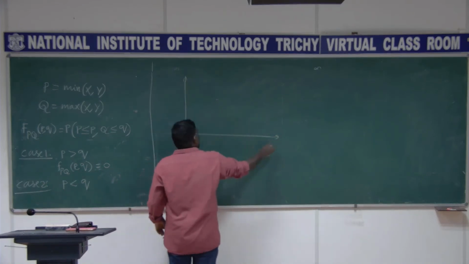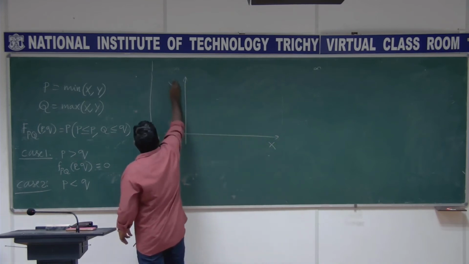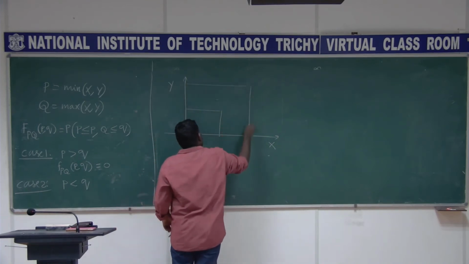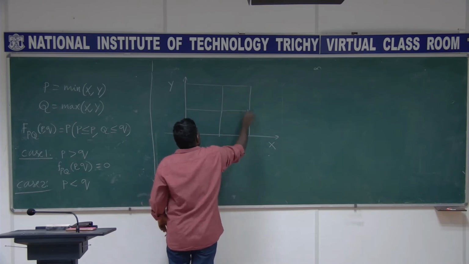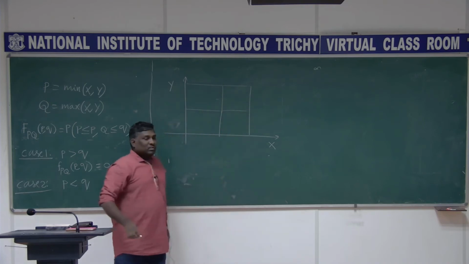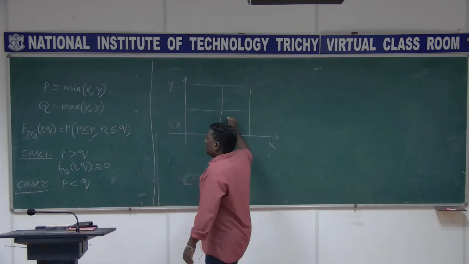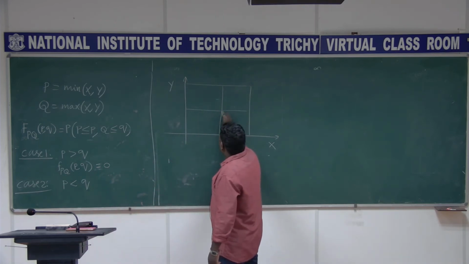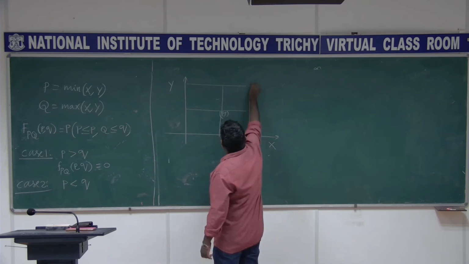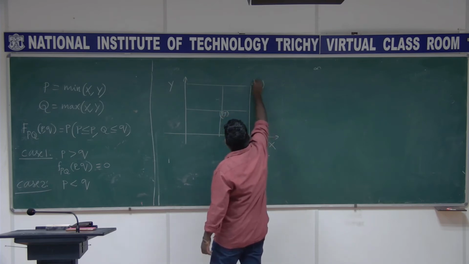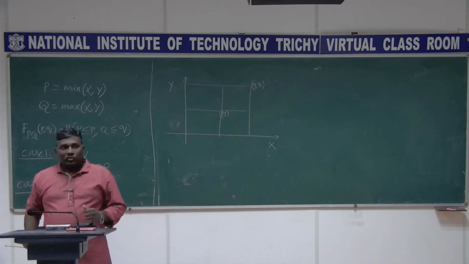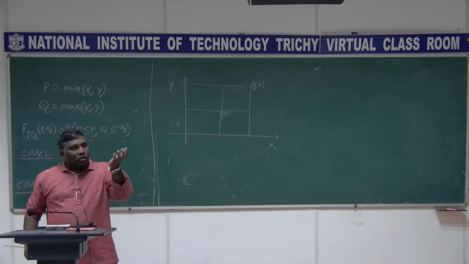I look at the random variables X and Y and construct the region. These are square boxes. Which is lesser? P. So I call this P comma P, and this is Q comma Q, because X can take values up to Q, and Y can also take values up to Q.